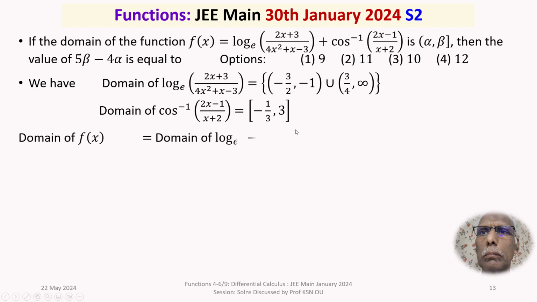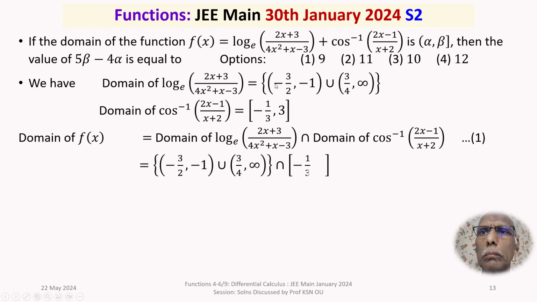So the domain of the given function will be the intersection of these two. So it is minus 3 by 2 to minus 1 union 3 by 4 to infinity, and this is minus 1 by 3 to 3. The intersection of the first, minus 3 by 2 to minus 1, with minus 1 by 3 to 3, they are disjoint, is empty. So the intersection is practically 3 by 4 to infinity, open interval, intersection with this interval.